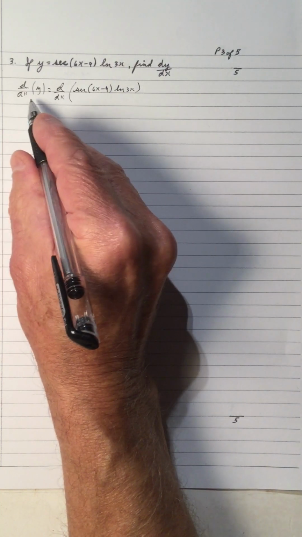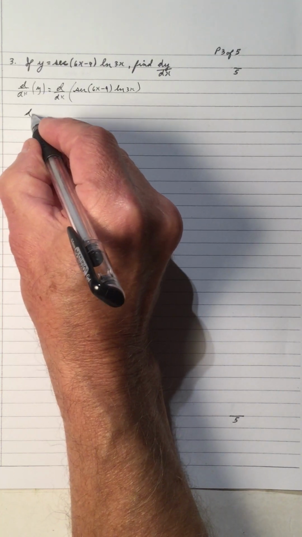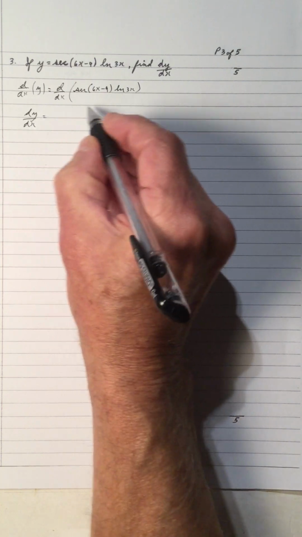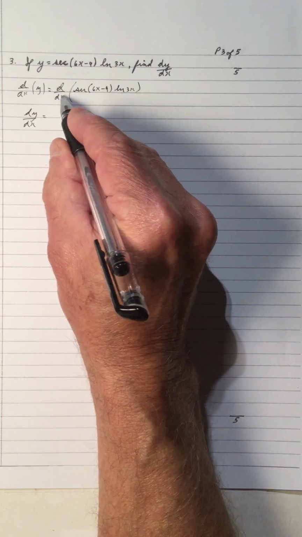So I just showed you d dx. So the d dx on the y is dy dx, and the derivative of this function.